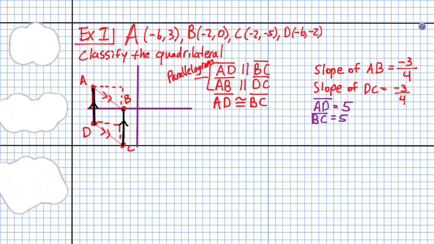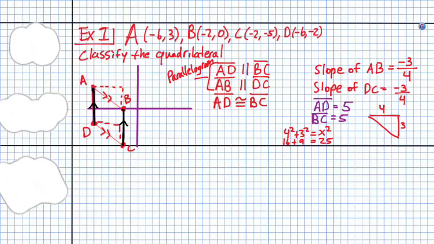So we need to find the length of AB, and what I see is that we moved 4 and 3. So I formed this triangle here of 1, 2, 3, 4 in length by 3, and I'm looking for the hypotenuse. So this is 4, this is 3, and I know that 4 squared plus 3 squared is equal to 16 plus 9, and that's going to be equal to 25, and that's equal to x squared.